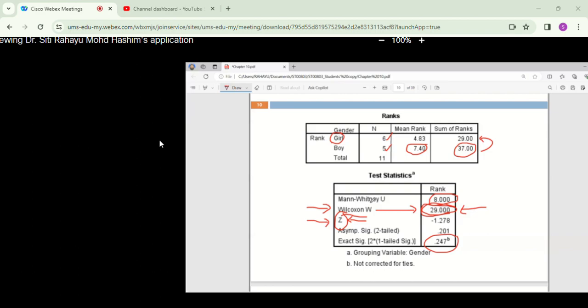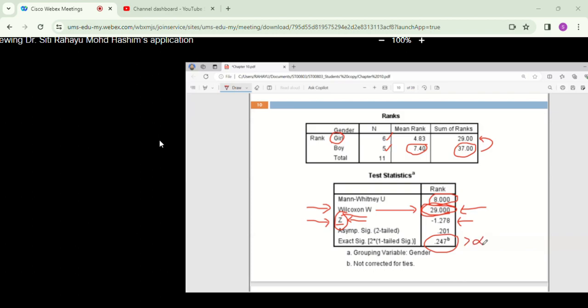So once it has been transformed into Z, the T statistic 29 become the Z statistic negative 1.278. And the p-value is 0.247, which is greater than alpha 5%.